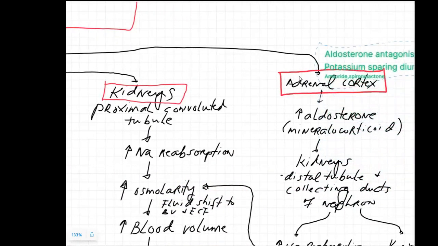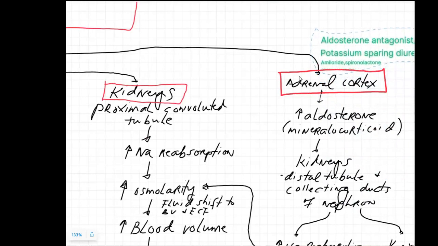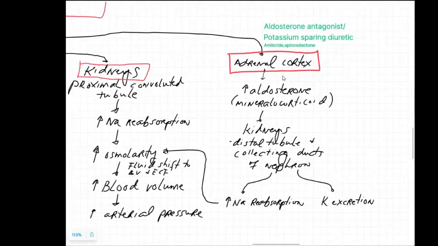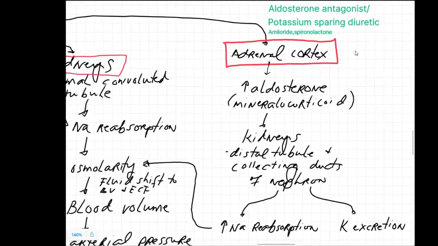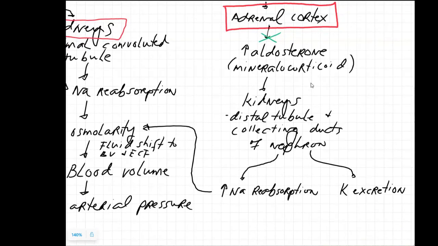The aldosterone antagonist basically works in the adrenal cortex, and it works there to stop the release of aldosterone. So if aldosterone release is stopped, then the kidney is able to release the sodium and also able to save the potassium. Which is why it's known as a potassium-sparing diuretic.